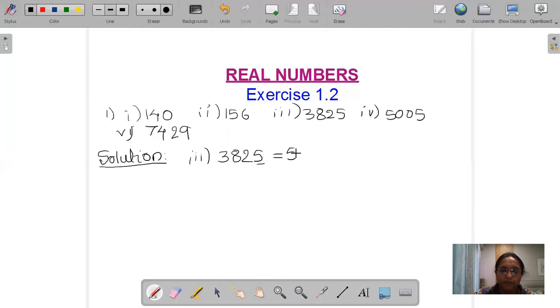So divide 3825 by 5. 5 sevens are 35 and 3 is there, 5 sixes are 30, 5 fives are 75. Again, the unit digit 5 is there, so it will be divisible by 5 again. 5 ones are 5, 5 fives are 25, and 5 threes are 15, giving 765.